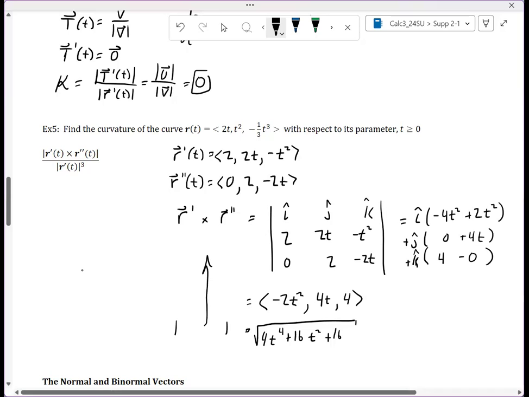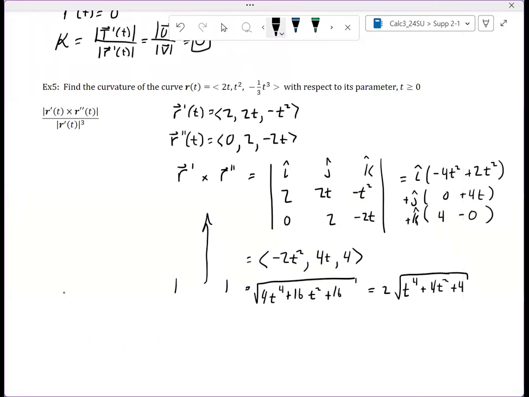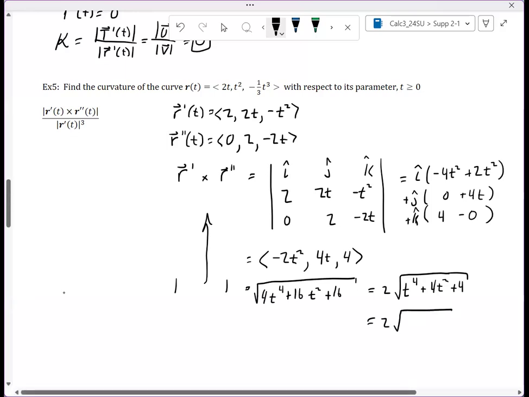I suppose I can factor out a factor of 4, make this a little easier to do the algebra. So this gives me t to the fourth plus 4t squared plus 4. And I recognize this as a nice perfect square. I see that this is going to be t squared plus 2, all squared.